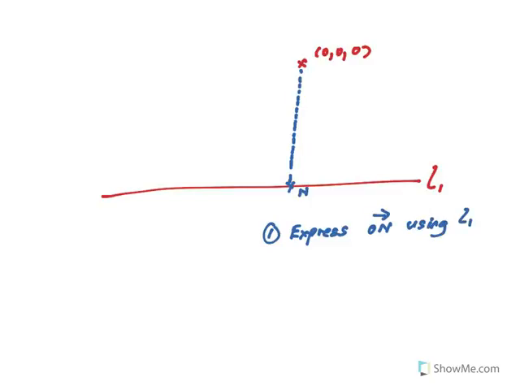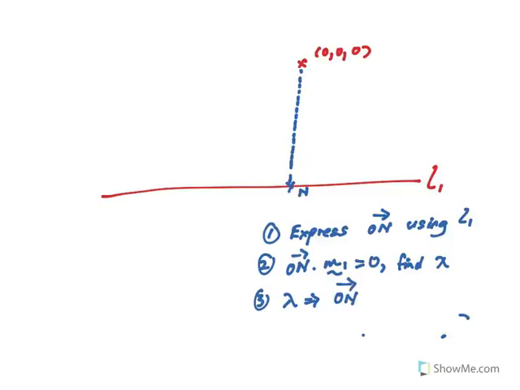After that, we use the fact that ON dot product with M1, where M1 is the direction vector of L1, equals 0, and we can find lambda. Then using lambda gives us the position vector of N. So that's the general idea.